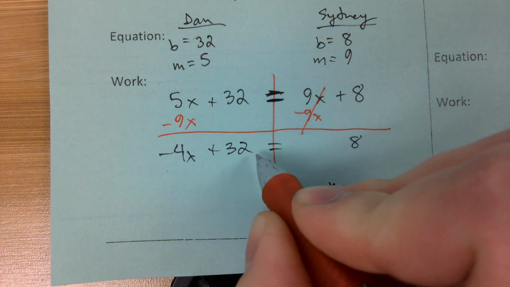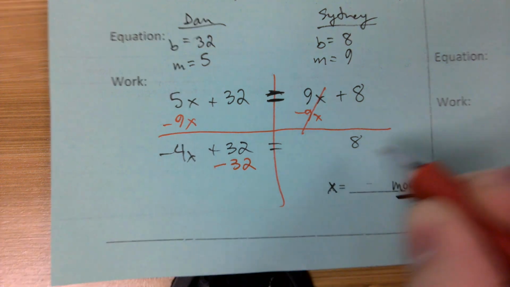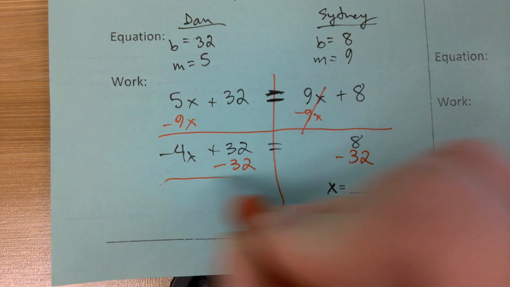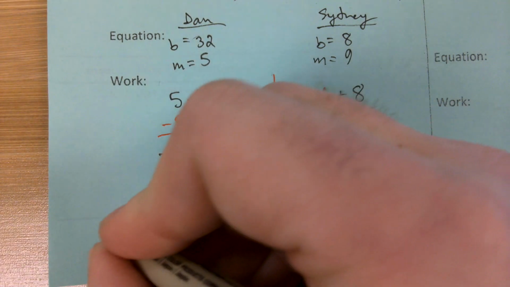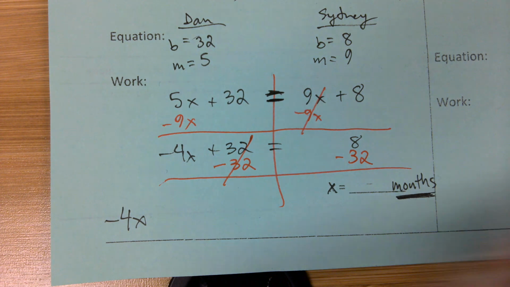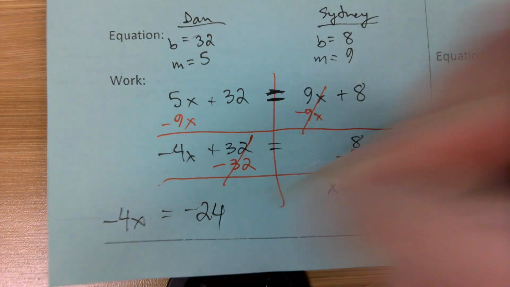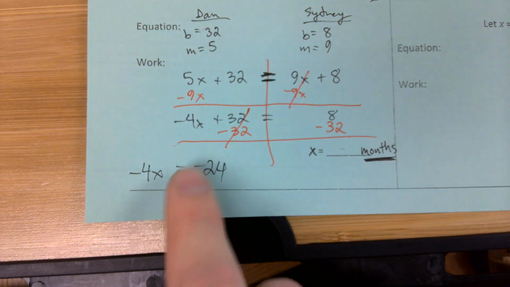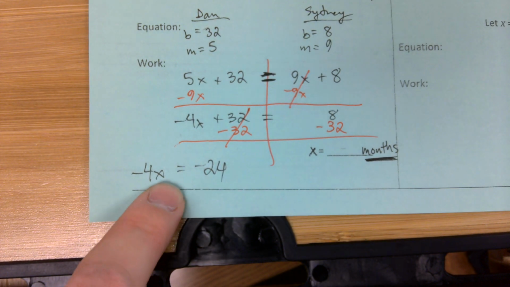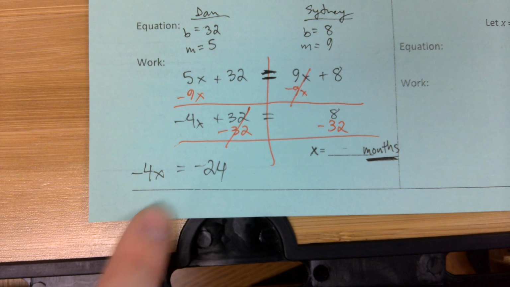We see that we're adding 32. We'll do the opposite, which is subtracting 32. We're left with negative 4x equals negative 24.